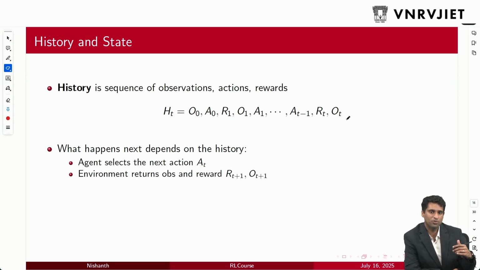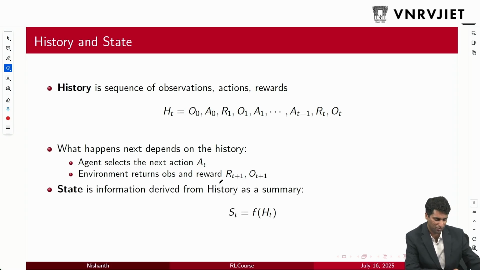Given the current history provided to the agent, what happens next depends on this history. The agent has executed a set of actions and has this history, so based on this the agent selects the next action, and then the environment reacts by giving the next reward and the next observation.